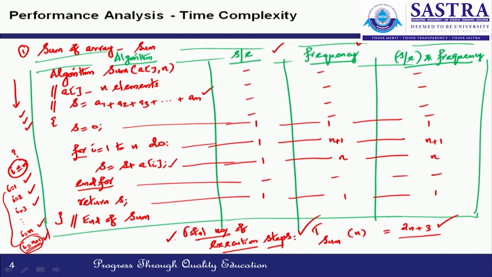Understand? So, clearly T sum of n is equal to 2n plus 3 execution steps. This results in order of n or theta of n, a linear computational complexity.